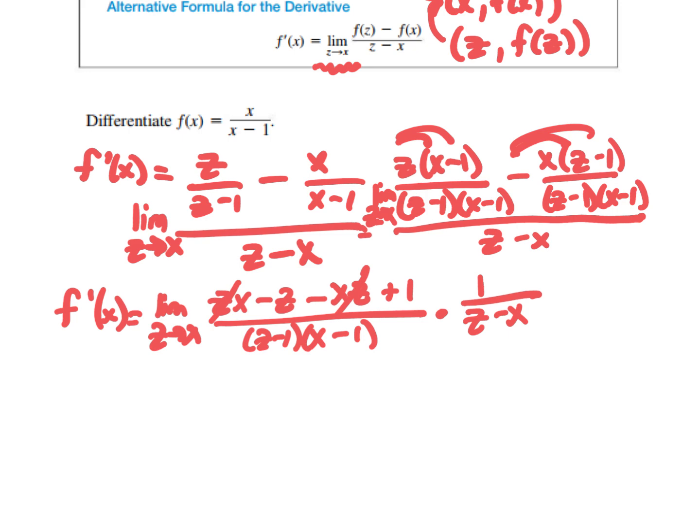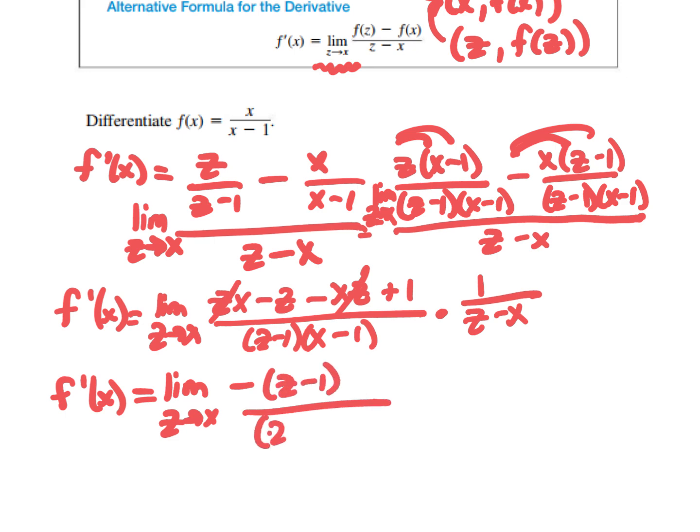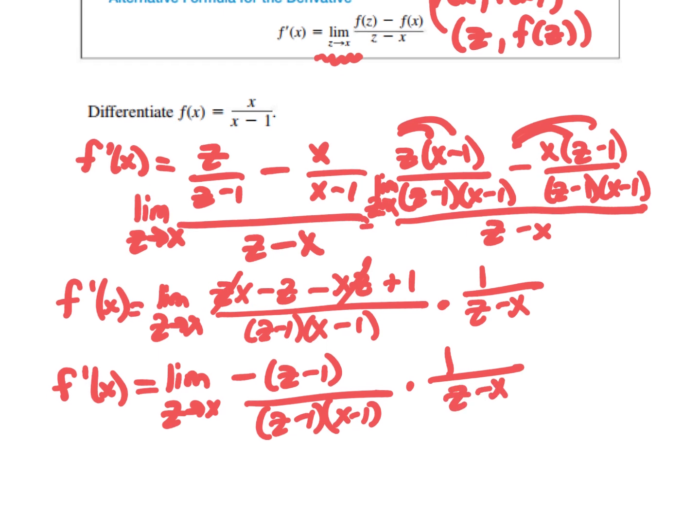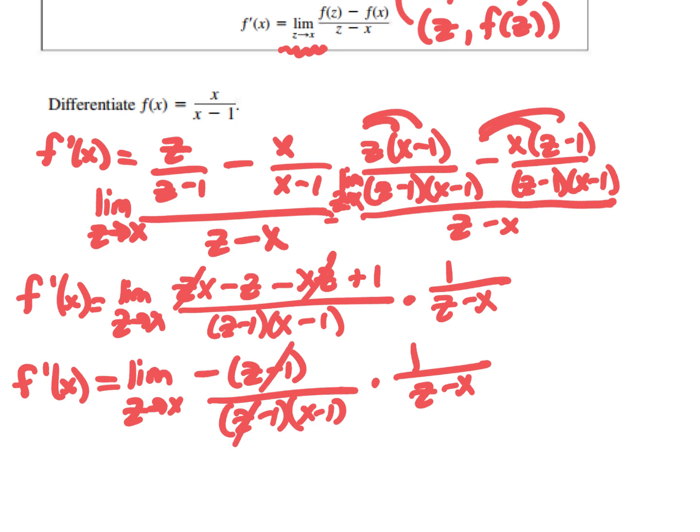And in the numerator, I end up with negative z plus 1, which actually can kind of cancel with the denominator a little bit if I were just to take out a negative sign. So I'm going to go ahead and take out a negative in the numerator, which then makes a z minus 1. And I still have 1 over z minus x next to it.